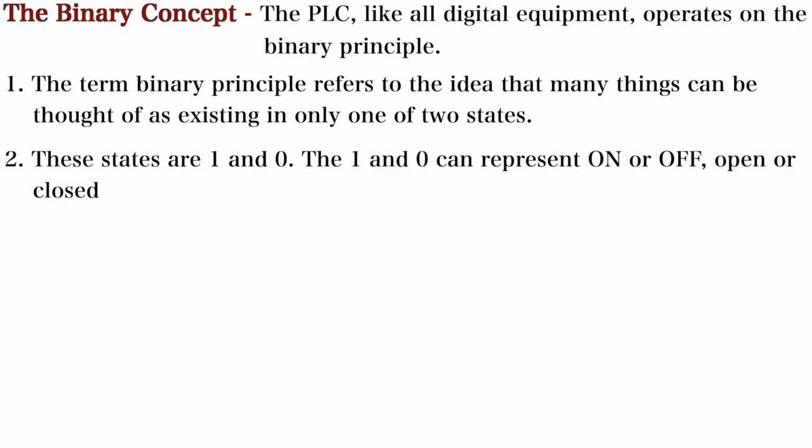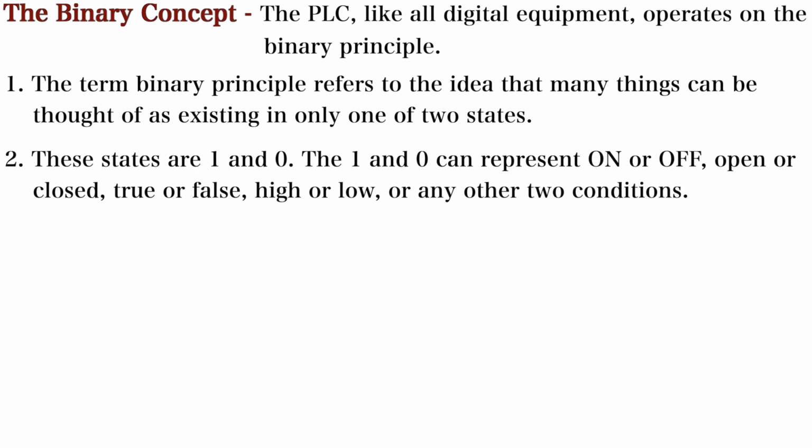For example, these states can be 0 or 1. Means the 1 and 0 can be represented as on or off, open or close, true or false, high or low, or any other two conditions like the absence or presence of anything. Okay, so binary means two states.